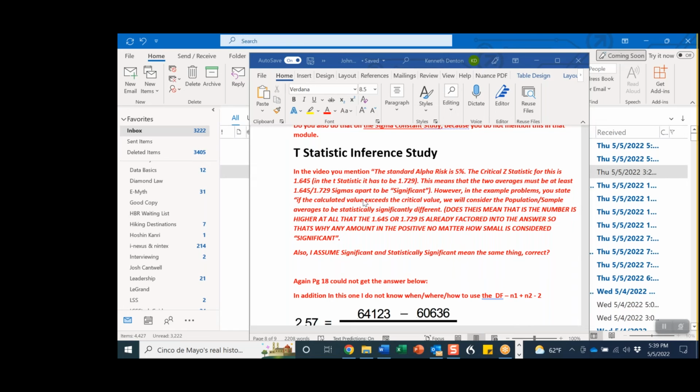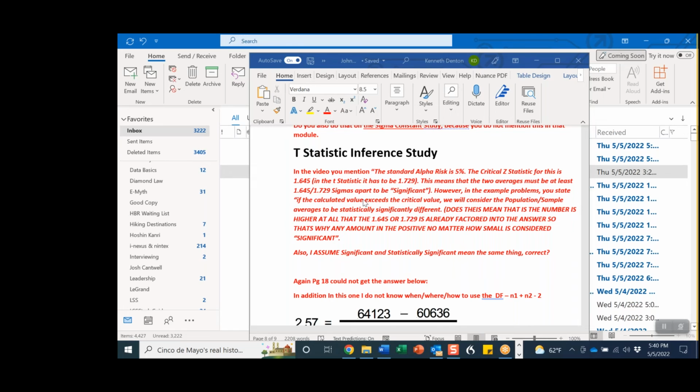I get that. Okay. But when you do an example problem, even when it was a small difference, you had a statement that said that if there is any difference, higher value, if there's any value, we're going to consider that amount significant. So my question is, does that mean that the 1.645 or the 1.729 is already included in the factoring?